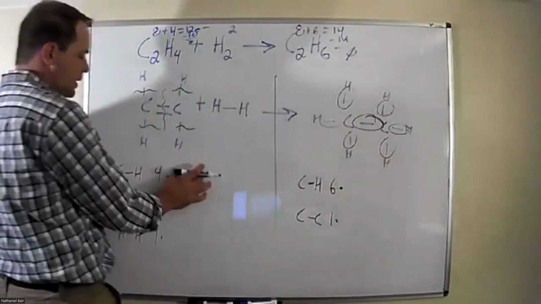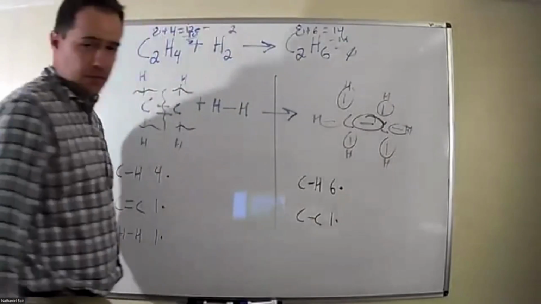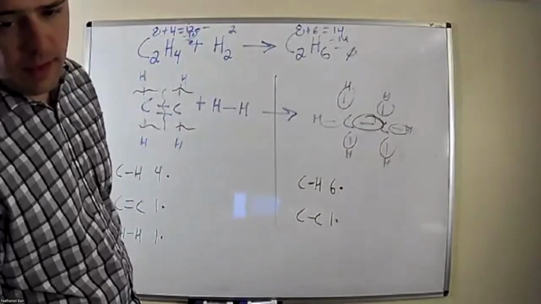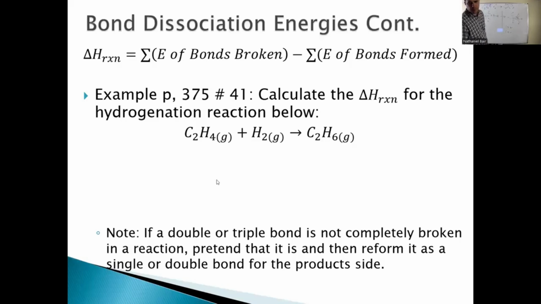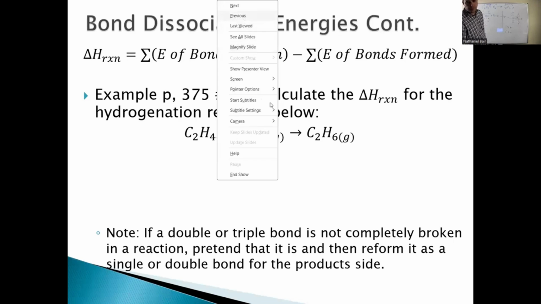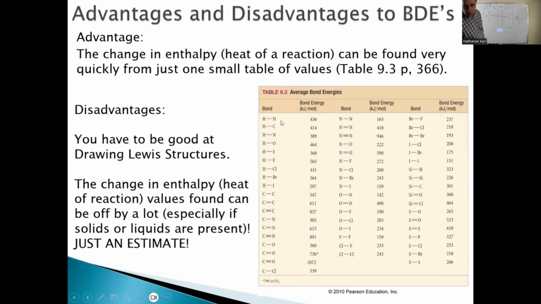And now what I need to do is go back and find these values. So let's go back to the bond dissociation energy table. The first thing, we had 4 C to H single bonds. Those are going to be 414. And on the other side, we have the same kind of bond, so I'm going to put that over there. That's 6 times 414.